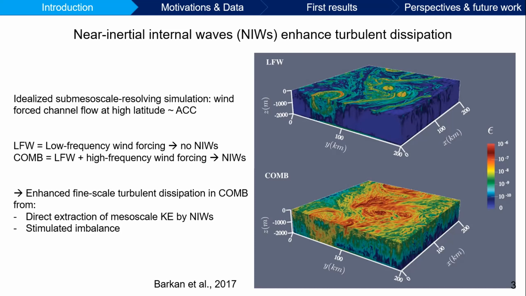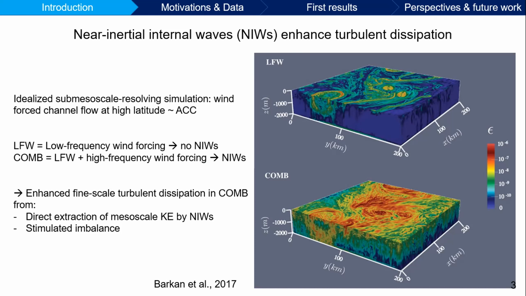So as you can see, you have lots of difference in the dissipation rate of the turbulent kinetic energy. You have 2 to 3 orders of magnitude higher dissipation rate in the high frequency wind forcing simulations, especially around mesoscale structures. And Barkan et al.